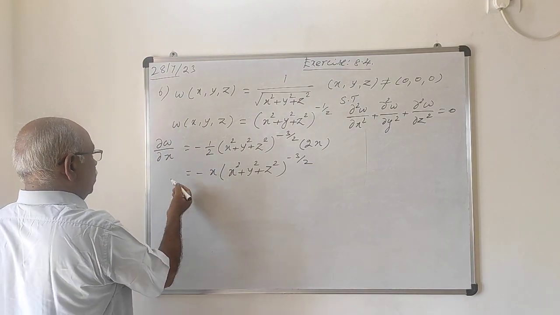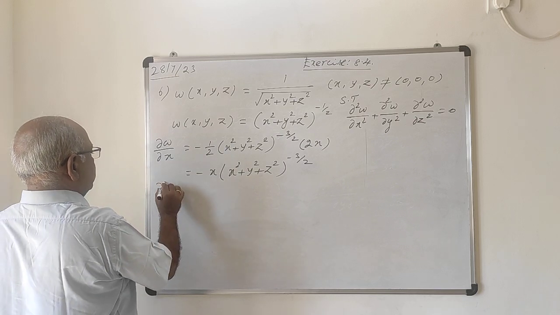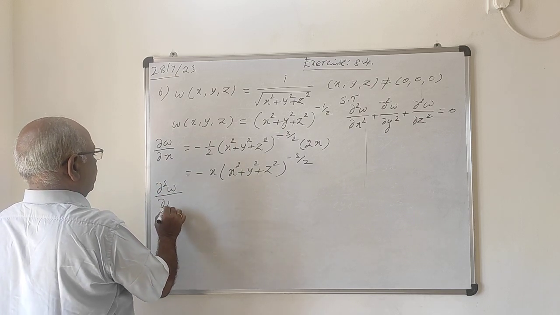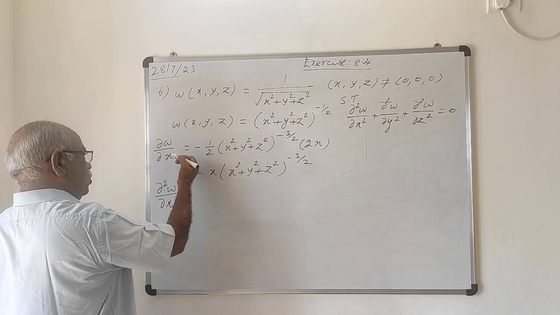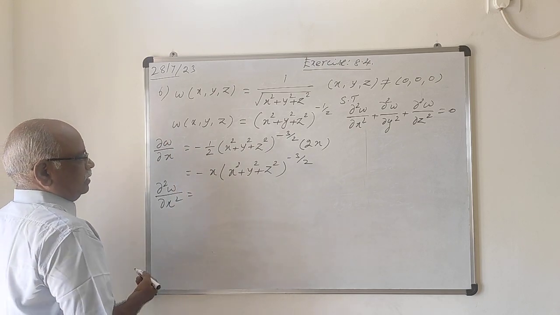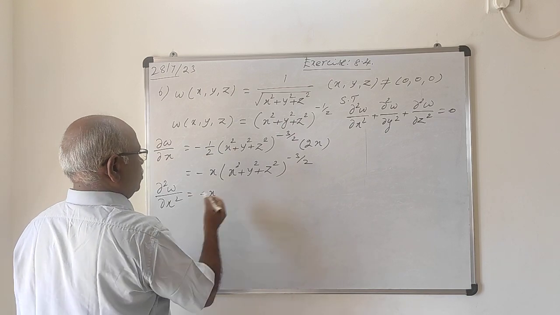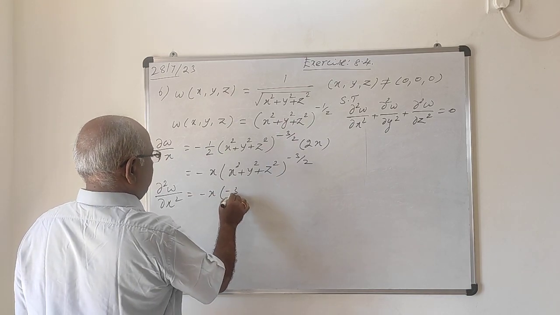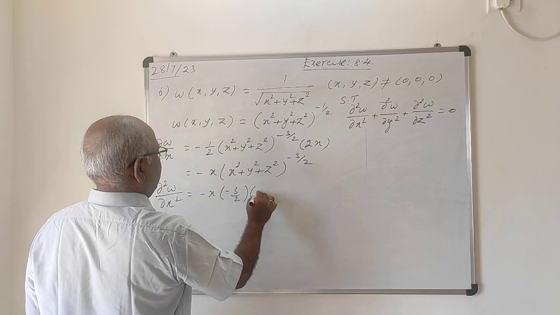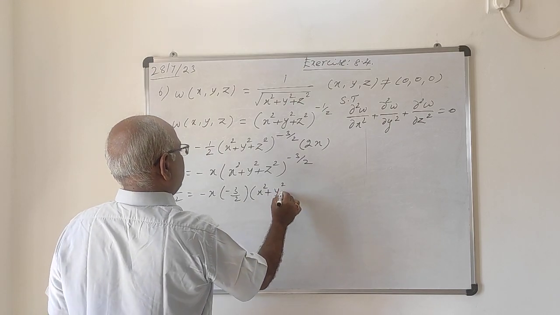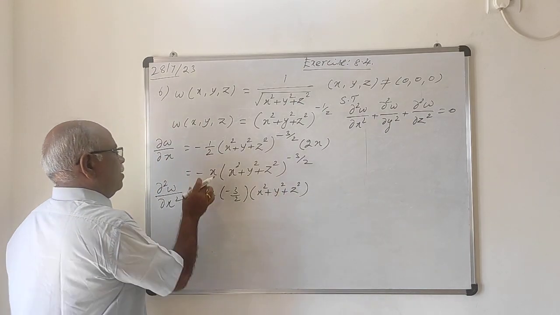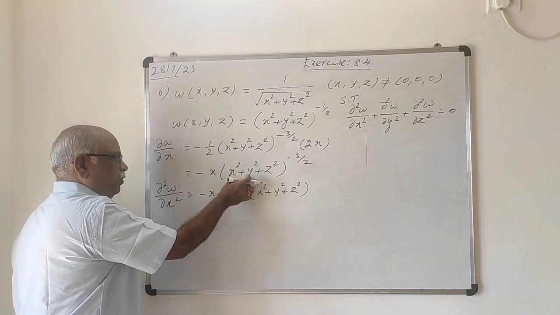Again with respect to x, we differentiate to get ∂²w/∂x². You have to differentiate ∂w/∂x again with respect to x. For that, you keep minus x as constant, using the uv rule.